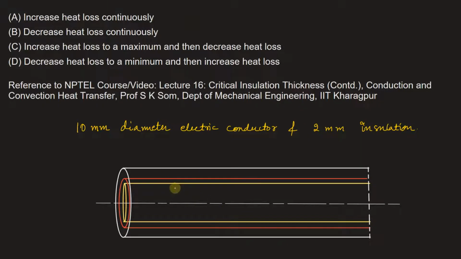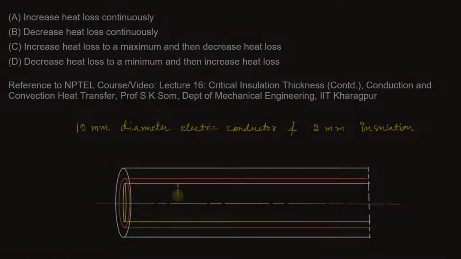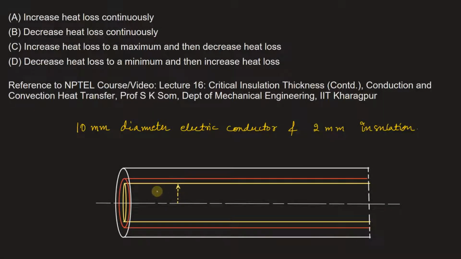So the inner radius, this yellow cylinder, let's say this is R1, which in the problem is 5 millimeter, and above this there is an insulation of 2 millimeter. So the outer radius, R2, will be equal to 5 plus 2, that is 7 millimeter.